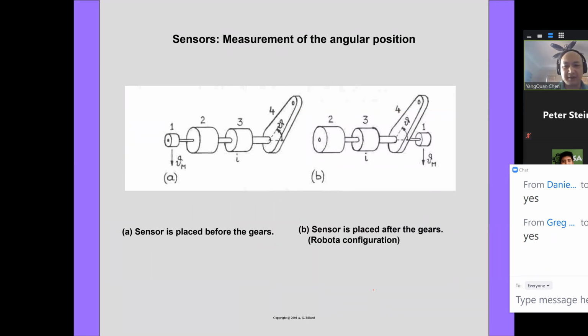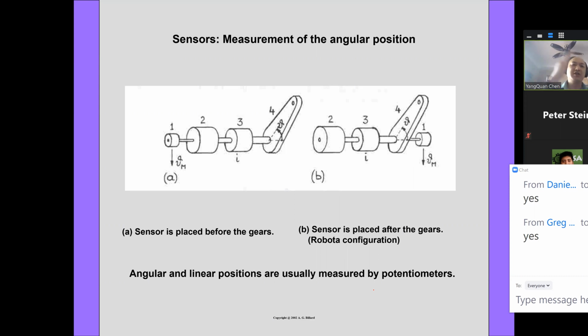Anyway, this is angular position. You can place the sensor before the gear or after the gear, so there are different configurations. Those are usually measured by a potentiometer, but that potentiometer usually is not for full rotation.